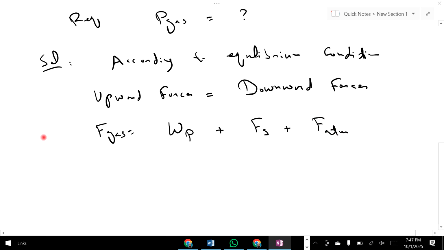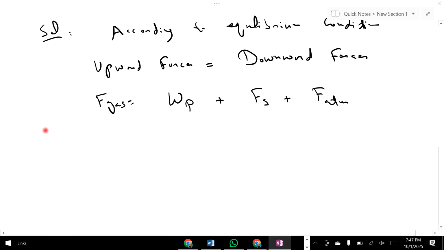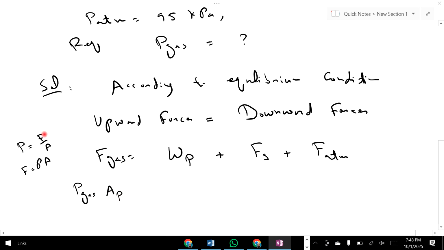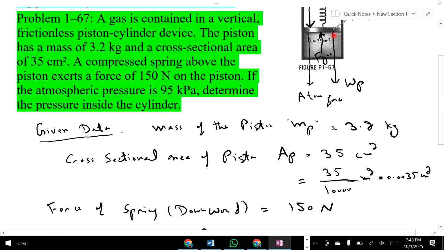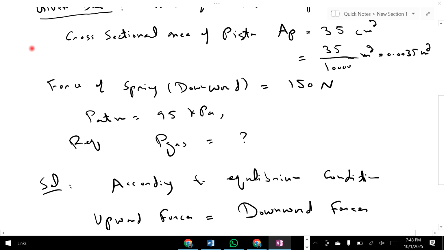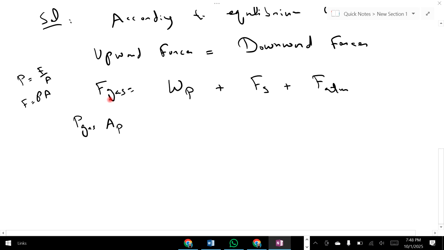So the force of gas or working fluid we can write as: P is equal to F by A, so F is equal to PA. So F of gas I can write as pressure of gas multiplied by area of piston, because this force is on the piston, pressure of gas is on the piston. So I can write F of gas as P of gas into AP.